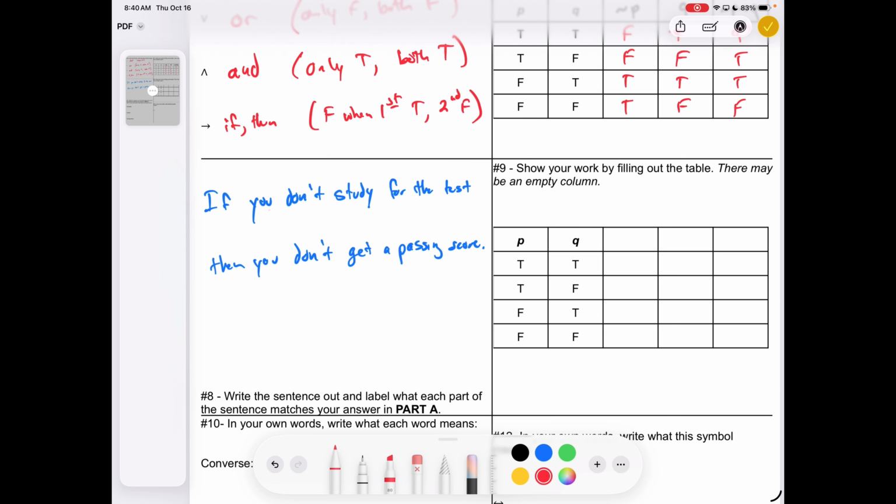So do something like this. This would be not P. This would be not Q. So my answer is not P, then not Q. Just something like that to label what each part means and what you're doing there. Just make sure you get everything in there. That'll help you make sure you get your nots and different things in there.